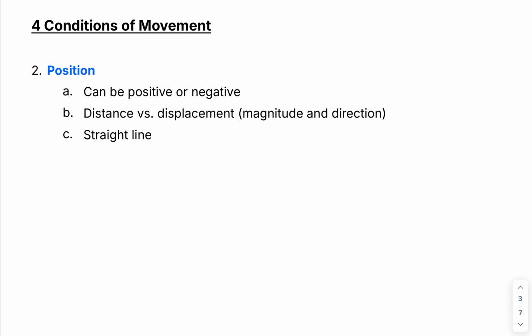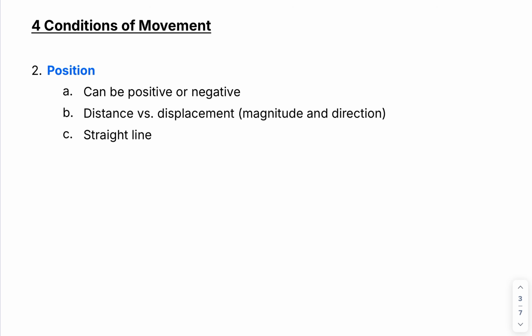Displacement is a little bit different in that it is distance, which is the magnitude, but it also includes the direction. For example, a car drives 40 miles. That is just a distance. However, if you say that a car drives 40 miles going east, then that would be a displacement.